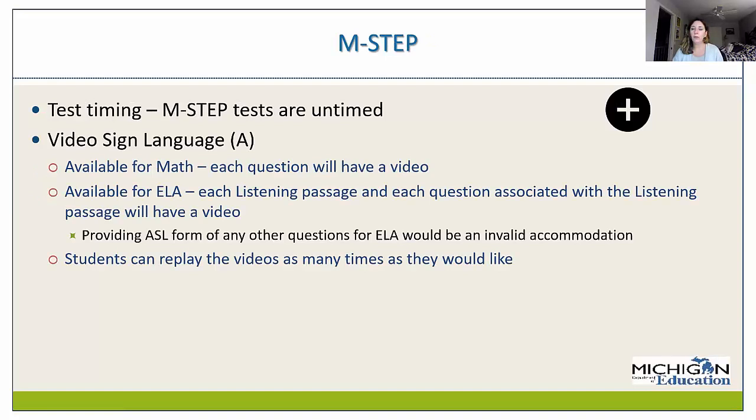Things that might be helpful for students as they are taking the M-STEP assessment, if they are deaf or hard of hearing. Our M-STEP assessments are untimed, so this should help students who may have literacy concerns and are perhaps reading at a pace at which they really do need more time. So just know that M-STEP tests are certainly untimed.